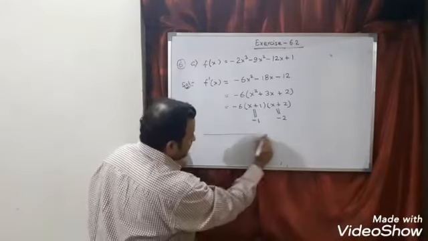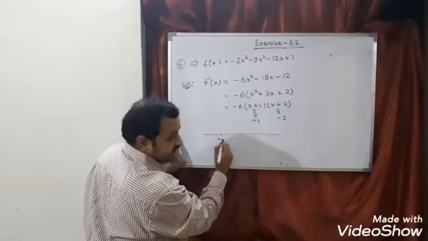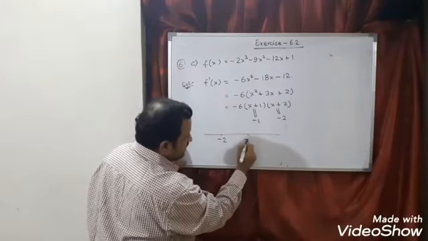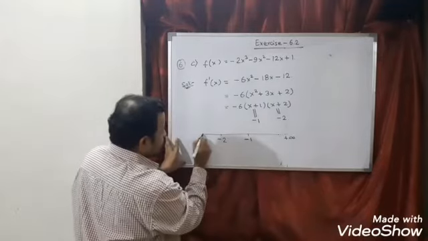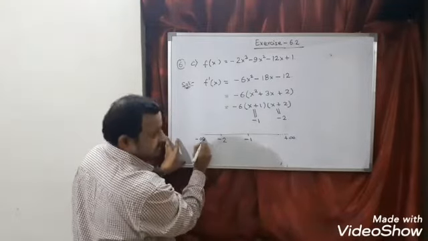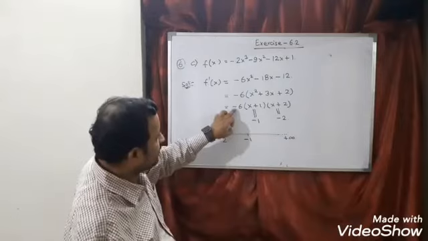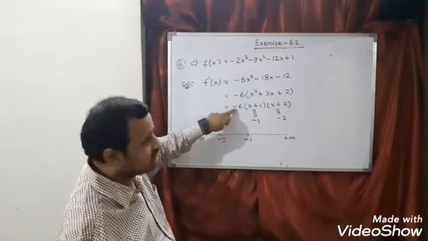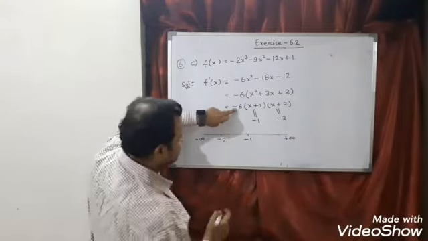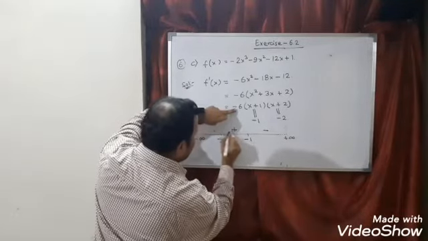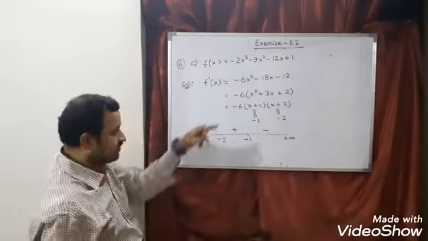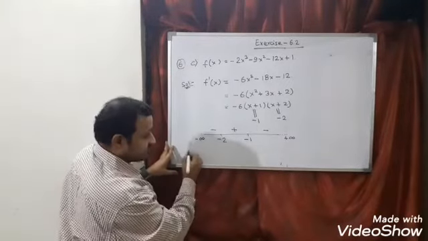Now plot all the critical points on number line in increasing order. So minus 2, minus 1, this is plus infinity, and this is nothing but minus infinity. Last step is what? Outside sign of f dash x. What is the outside sign of f dash x? Negative. So negative will come here, and then alternate sign will come. So question is what? Interval of increasing and decreasing.